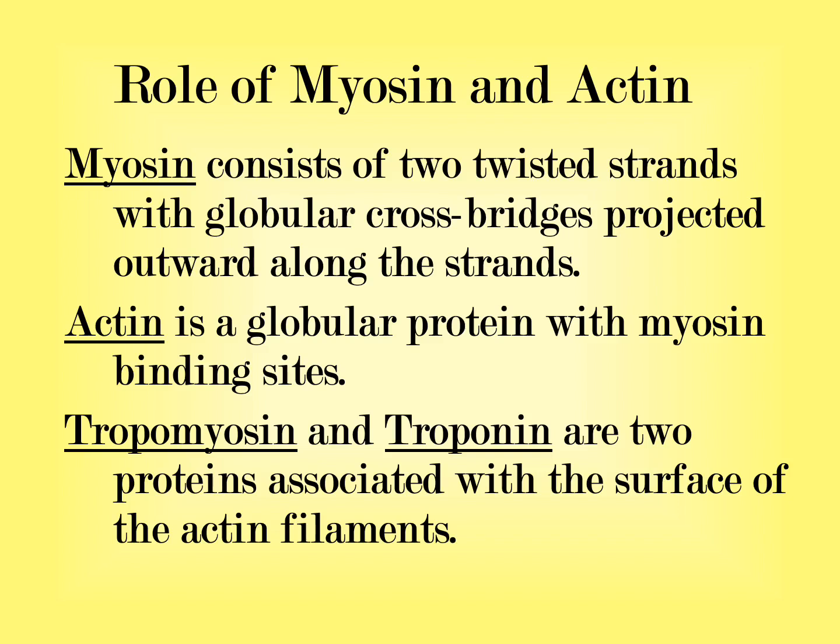Regulating the contractions are two proteins and an enzyme. The two proteins are troponin and tropomyosin, which are going to regulate the binding site on the actin, and the enzyme is the myosin ATPase.